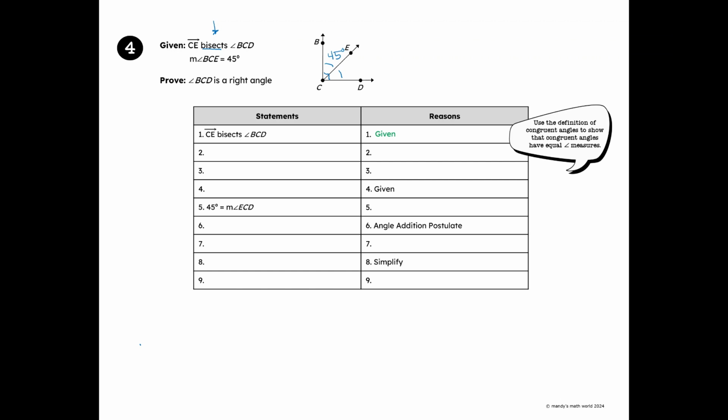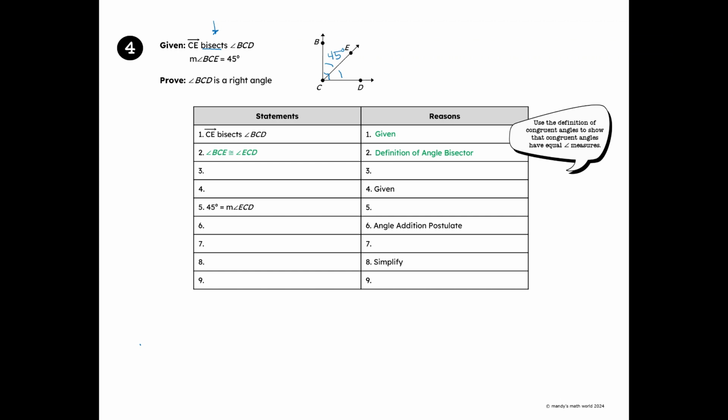Obviously we're given a vocabulary word. Let's define it. What does it tell us? Well, if ray CE bisects angle BCD, then these two angles are congruent to one another. And that is by the definition of an angle bisector. So BCE is congruent to angle ECD.